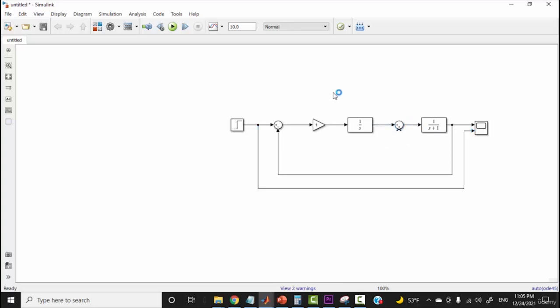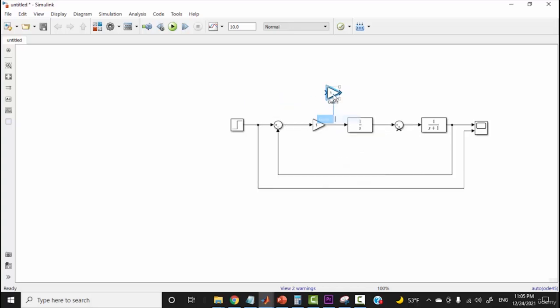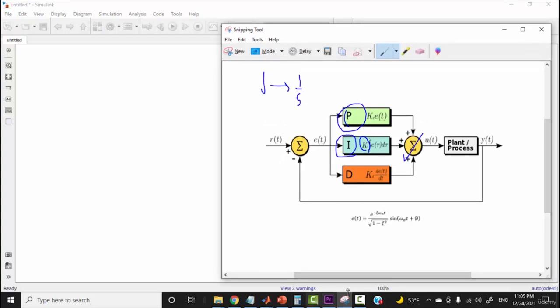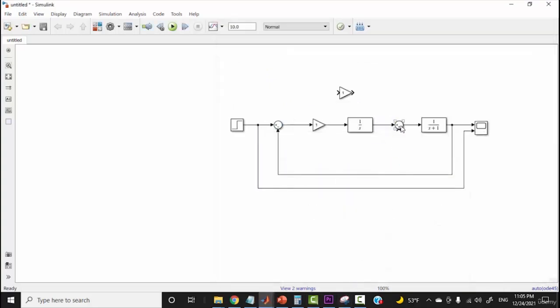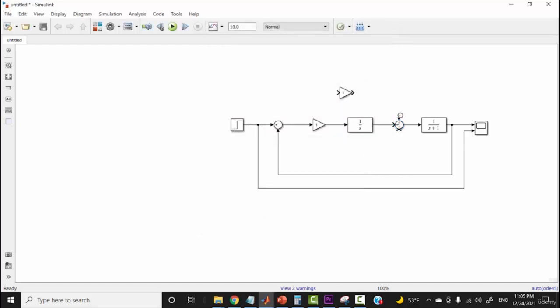Okay, so we add a gain for the proportional controller here. We need to connect this gain to this summing point as in this picture here. So we need to double click, remove this, and add another plus here.